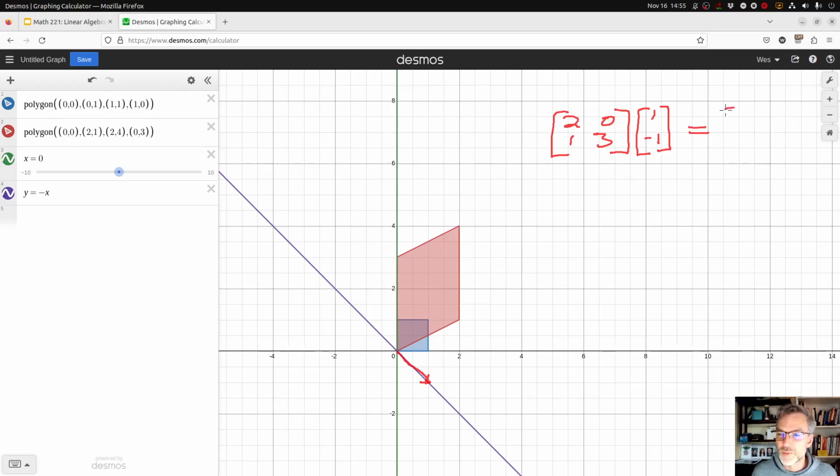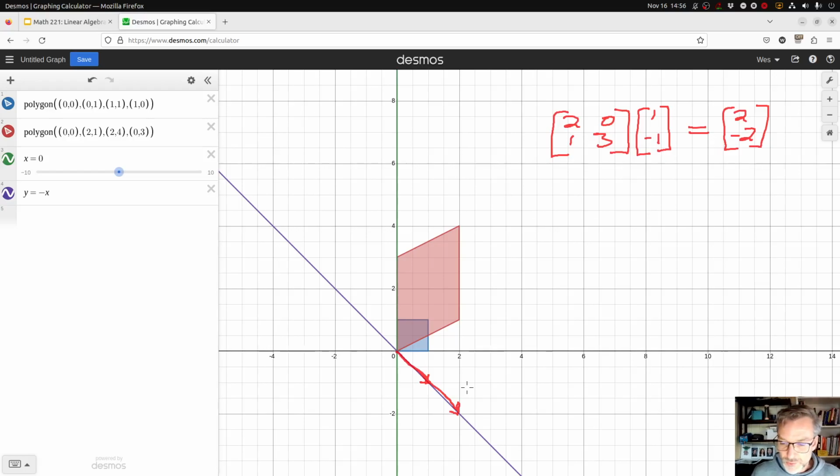Shouldn't be surprising what it will be. I've got 2, then 1 minus 3, so minus 2. So it actually becomes this vector here, 2 minus 2. So it stays in the same direction, it's just stretched by a factor of 2, which happens to be the eigenvalue corresponding to that eigenvector direction.